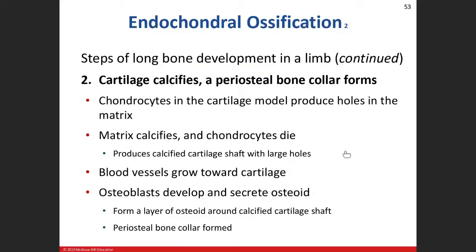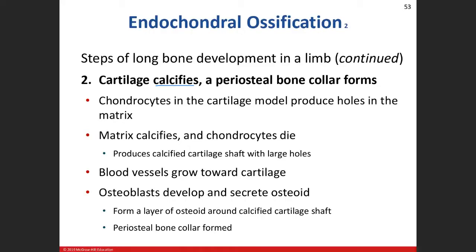Here's step 2. Look at this first word up here. Well, second word, calcifies. Calcifies. All right, so that means we're going to make something hard. Okay? When we get calcium, we're going to turn that matrix into a hard material like bone.